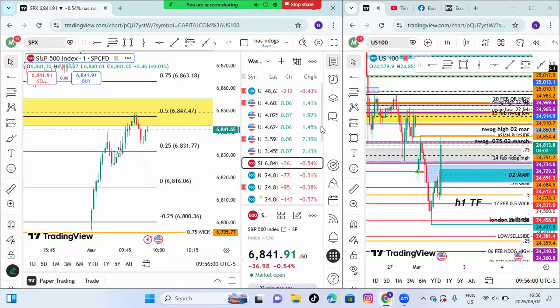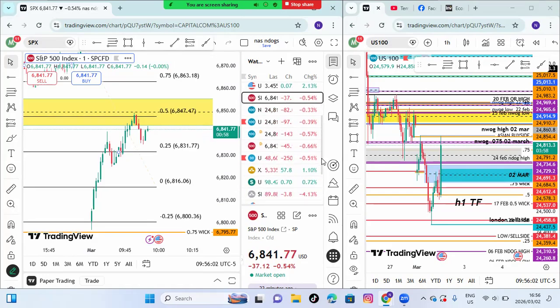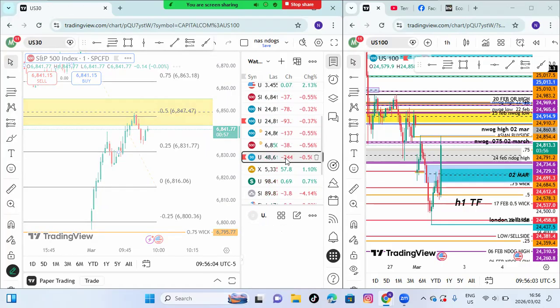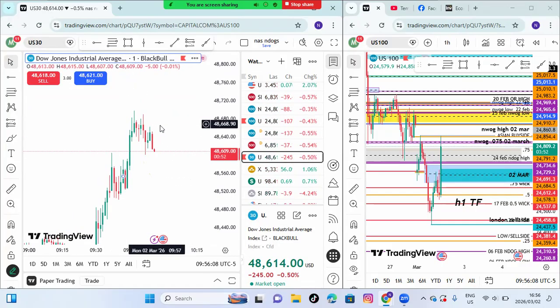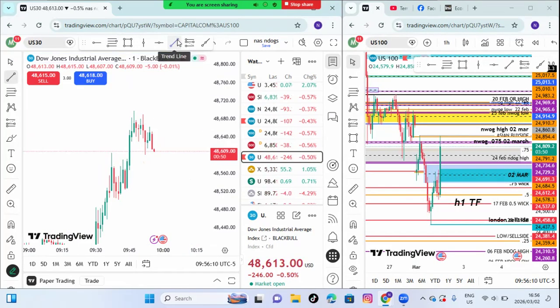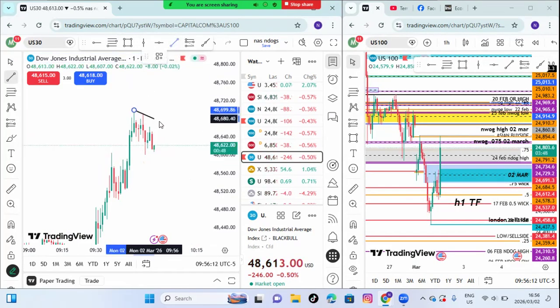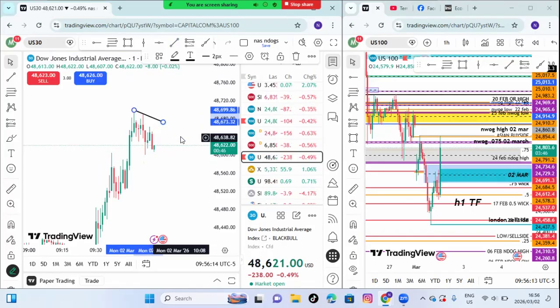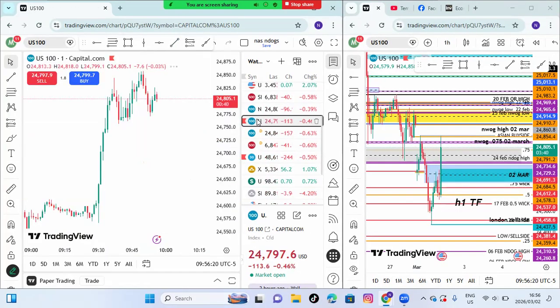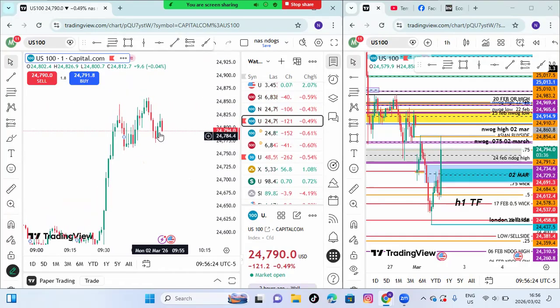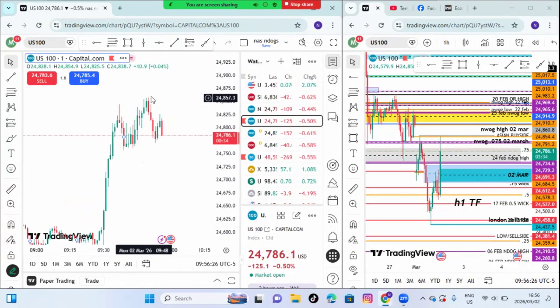So we're gonna go to this one. Already you see lower lows being posted there, right? Lower lows, and going to the Nasdaq, higher highs there on the Nasdaq.